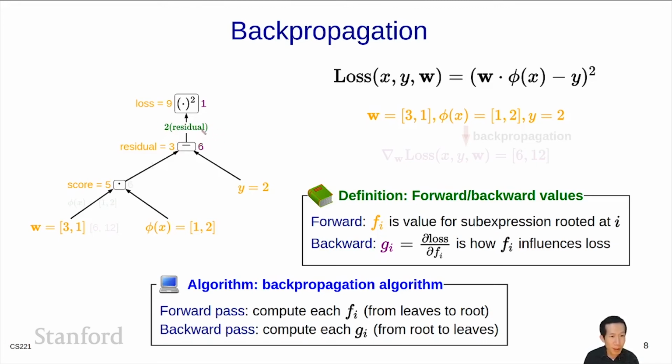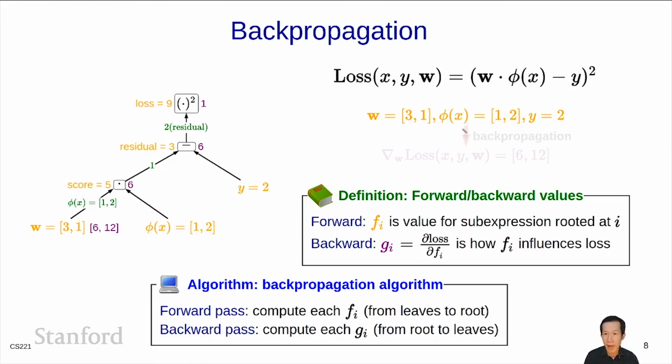Notice that in computing this backward value, I'm using the intermediate computations from the forward pass. Okay, so let's continue. So the gradient on this edge is 1. So the backward value here is 6, which is the parent backward value, times what's on this edge, which is 1. That gives us 6. And then the backward value of this node is 6 times what's on this edge, which is this other input, 1, 2. And that gives us 6, 12.